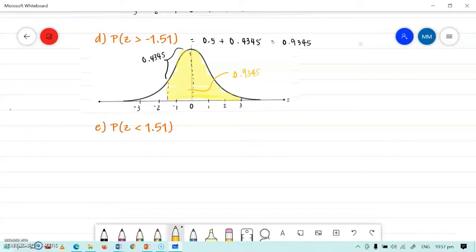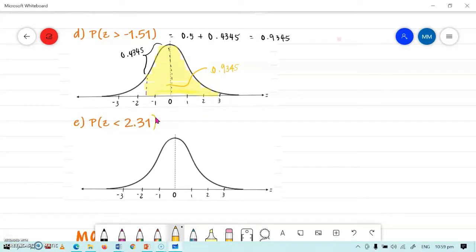Now let's have the next example. Alright, example E. Find the probability of z is less than 2.31. So we have here still the less than symbol, so we need to illustrate first our curve.